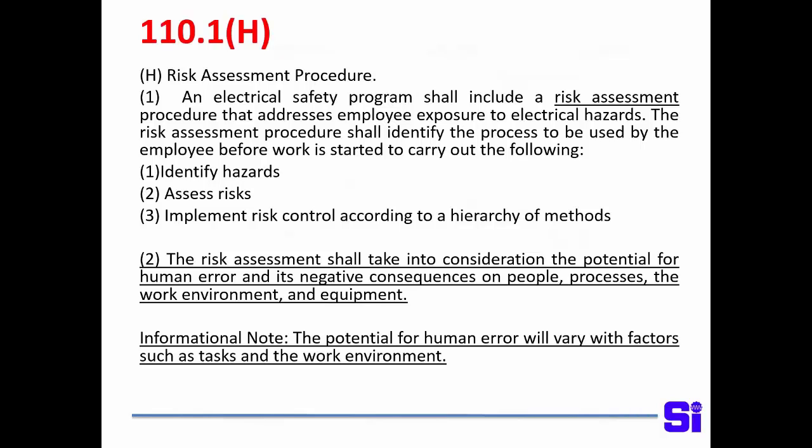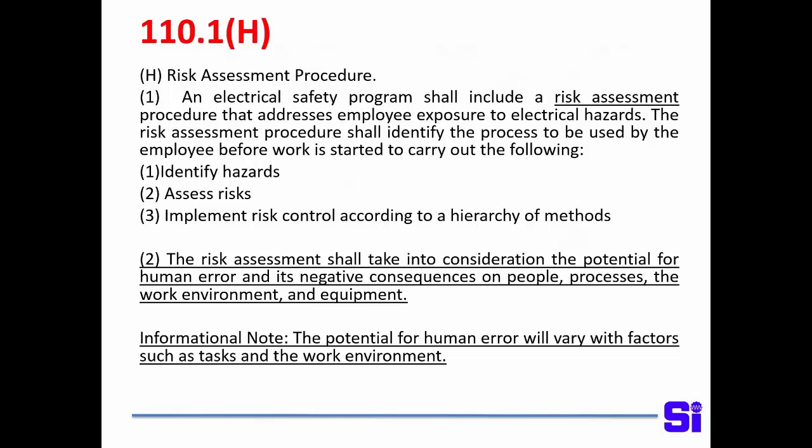And I don't know if you've heard this, but I've heard it. It's like 75 to 80% of all incidents are the result of human error. I don't know if that's true, but I don't have anything to show that it's not true. But whatever the actual number is, the fact that human error plays a big factor in all types of accidents is undeniable.